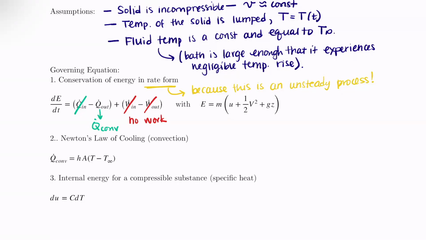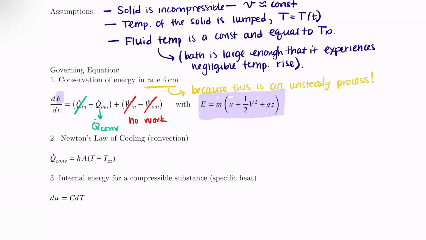And then I just wanted to put in here to remind you that this dE/dt term on the right is equal to this. So the total energy of our system is the mass of our system times internal energy plus its kinetic energy plus its potential energy.